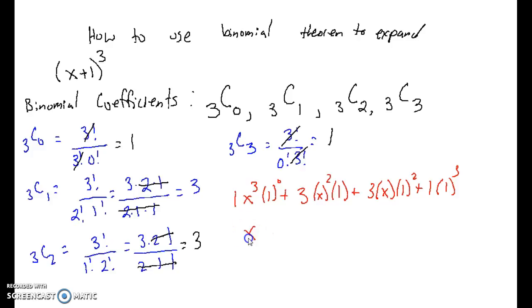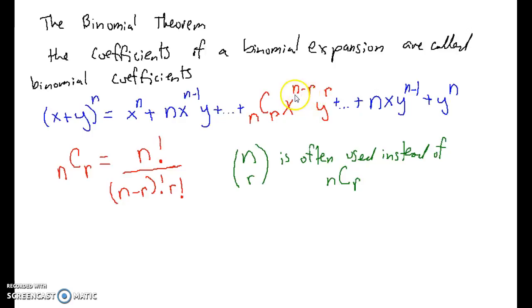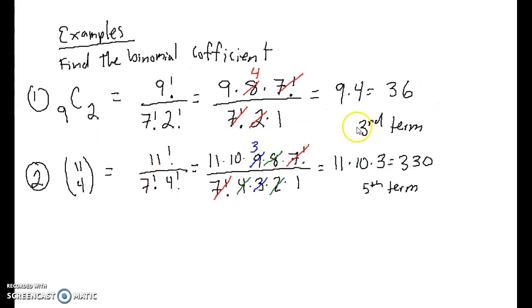All of this is just x cubed plus 3x squared plus 3x plus 1. This will always give you your coefficients, and then you use your knowledge of the n minus r and r values to continue. Let's go back to the earlier example.